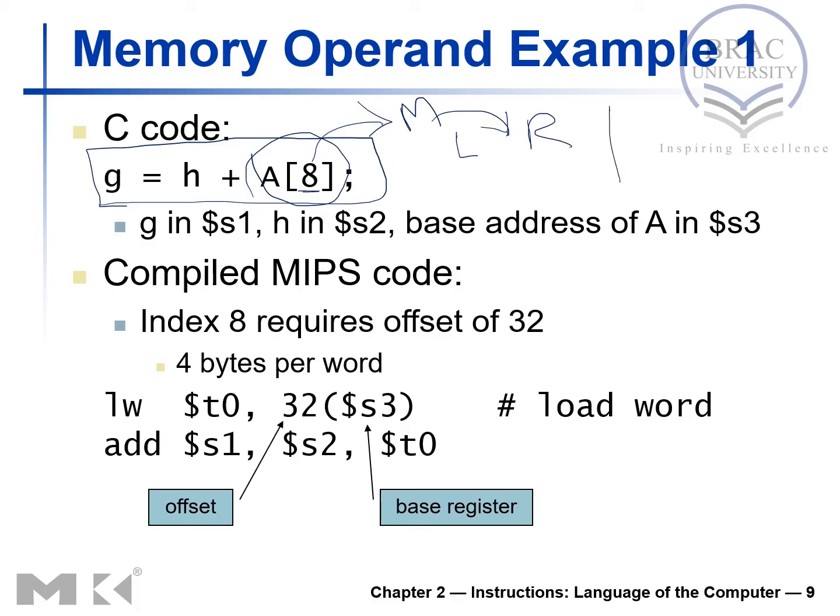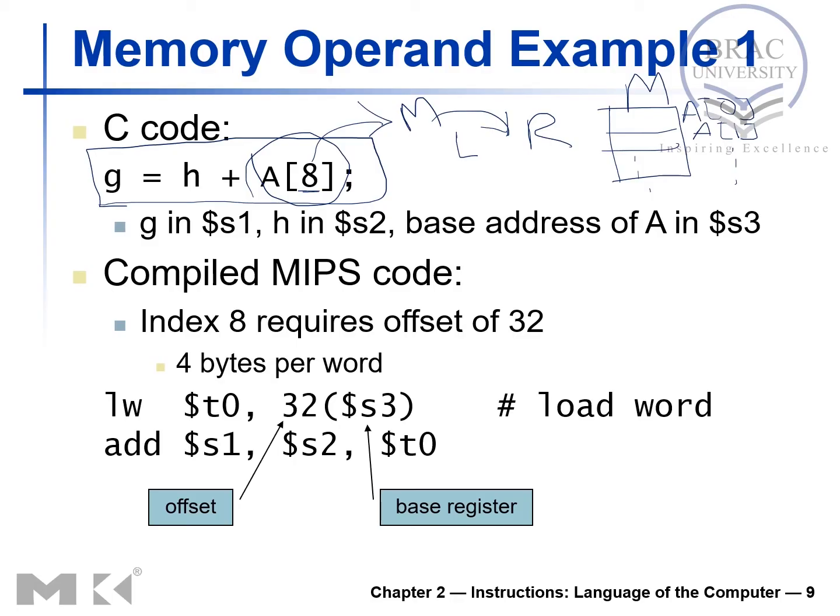For example, let's say this is our RAM or our memory, and these are the locations where this is the first memory location where you store A0, and then you have A1, and so on. So how do you know where A8 is?